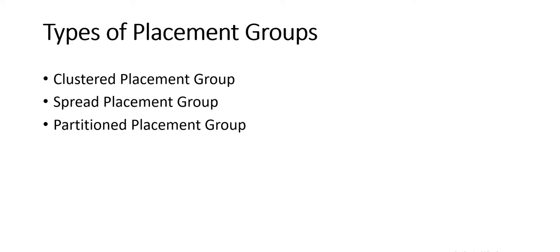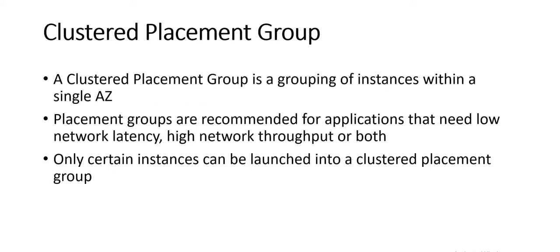So let's go one by one. What is a cluster placement group? A cluster placement group is a grouping of instances within a single availability zone. Placement groups are recommended for applications that need low network latency, high network throughput, or both.